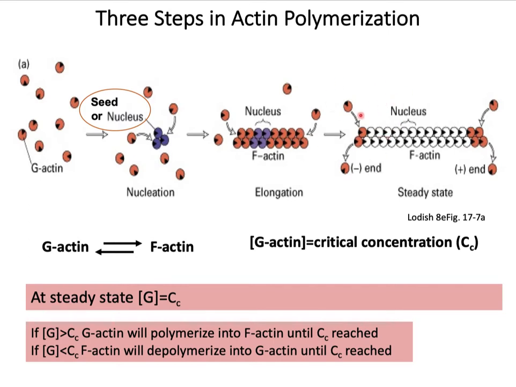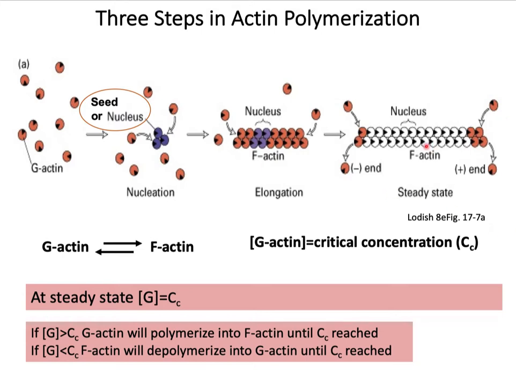The steady state is when the rate of monomers being added to the filament equals the rate of monomers that you are losing from the filaments. So you do not get any net growth in the length of the filament, and this is known as the steady state.